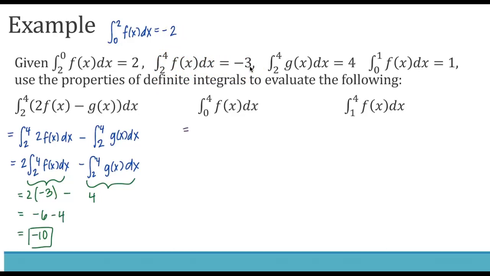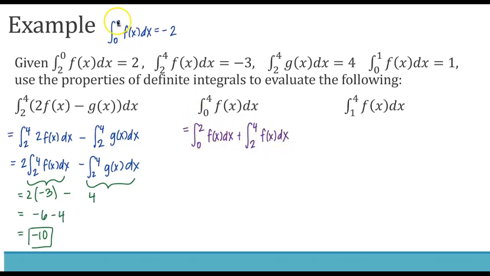So the integral from 0 to 4, we can rewrite as the integral from 0 to 2 of f of x dx plus the integral from 2 to 4 of f of x dx. So the total area from x equals 0 to x equals 4 can be split at the middle value 2. I can go from 0 to 2 plus 2 to 4 on the f of x function.